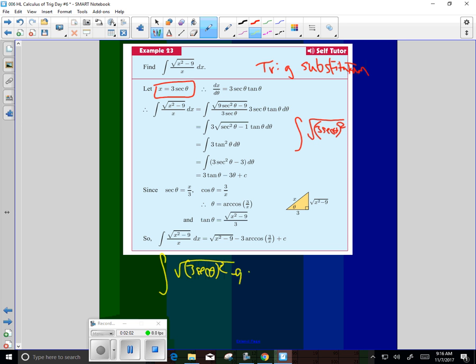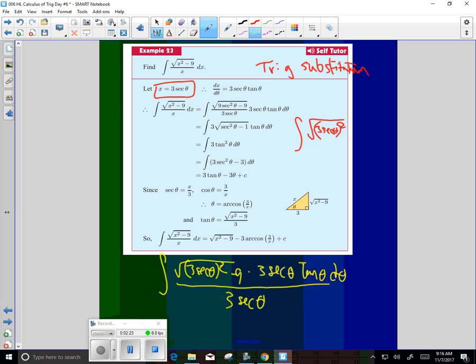But what's dx? It's this whole thing times 3 secant theta tangent theta d theta, all over x, which is 3 secant theta.